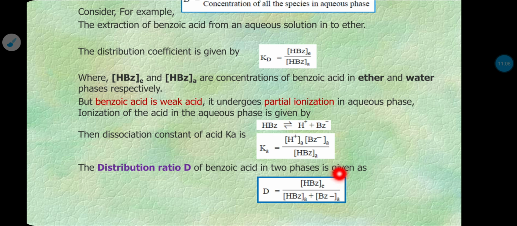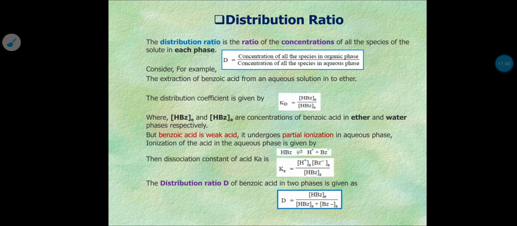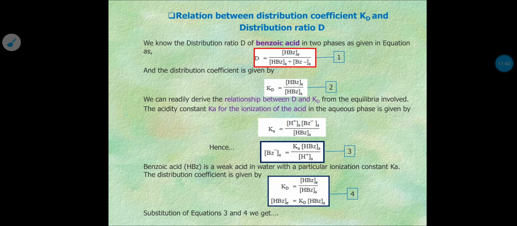So D is equal to the concentration of benzoic acid in ether divided by the concentration of benzoic acid in aqueous plus the concentration of benzoate anion in aqueous. H plus is not considered here because it is a very small ion, so we consider only the benzoate anion. So this is the difference between the distribution ratio and the distribution coefficient.